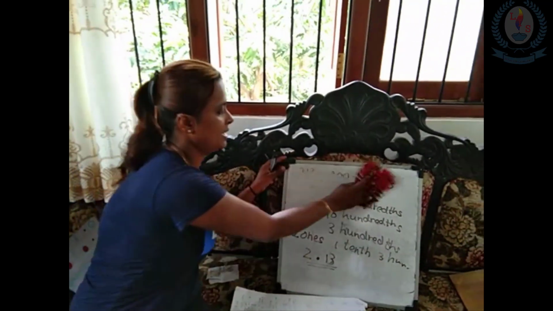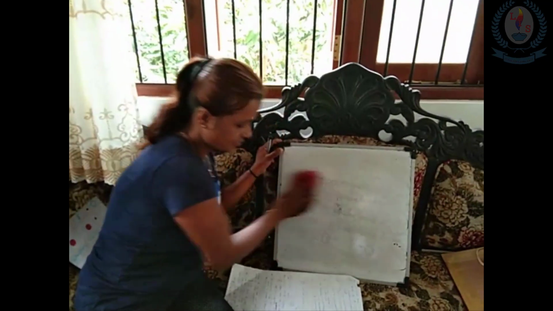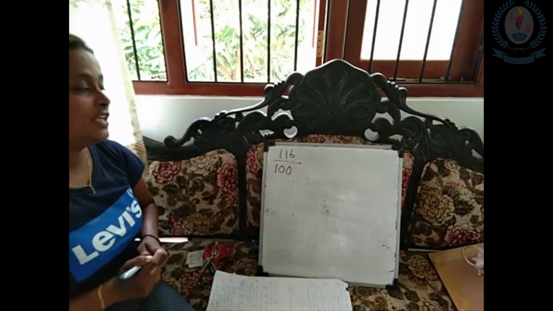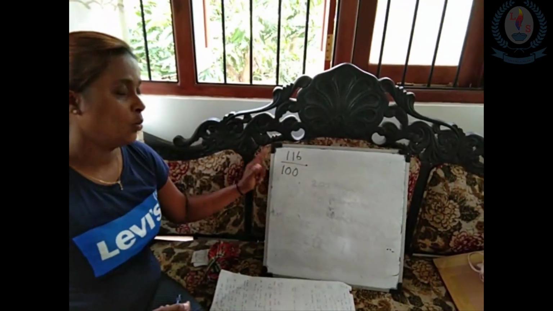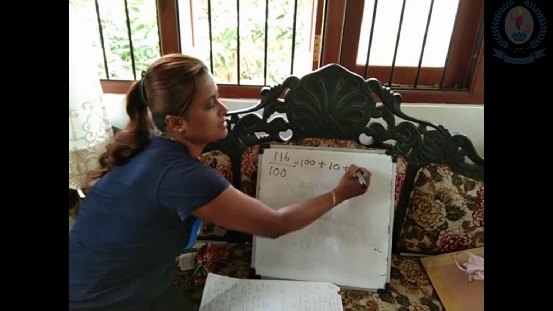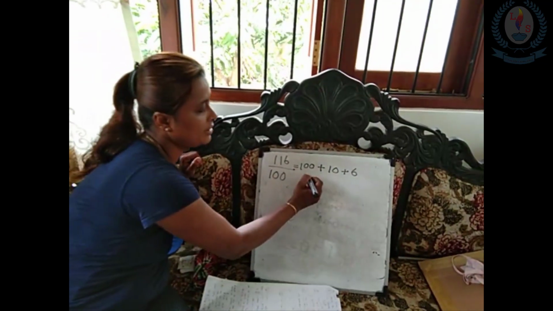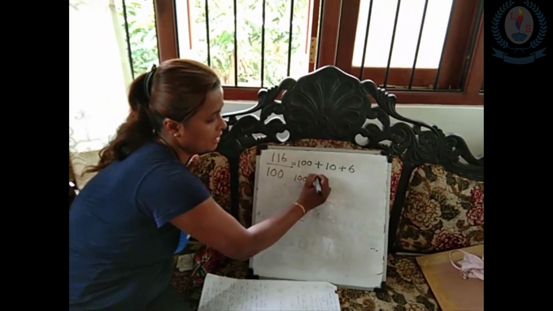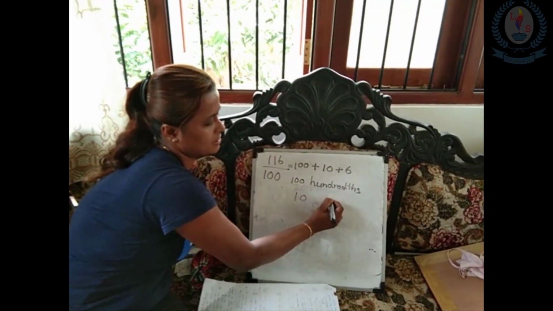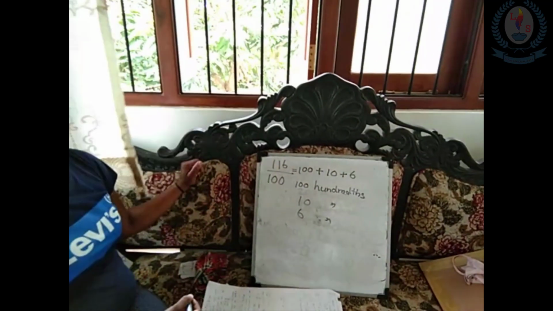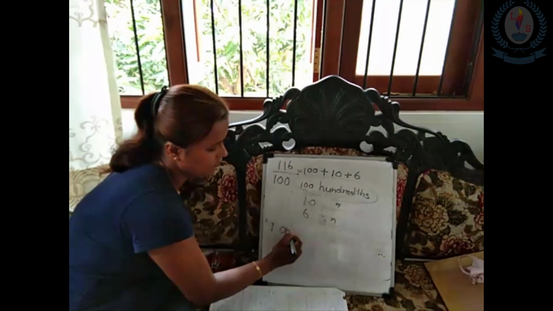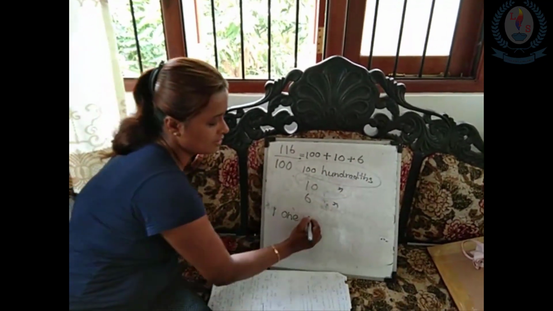Let's take another example to make it clear. 116 hundredths. We can break this into 3 pieces: 100 plus 10 plus 6. 100 hundredths, 10 hundredths, 6 hundredths. 100 hundredths means 1 one. 10 hundredths means 1 tenth.